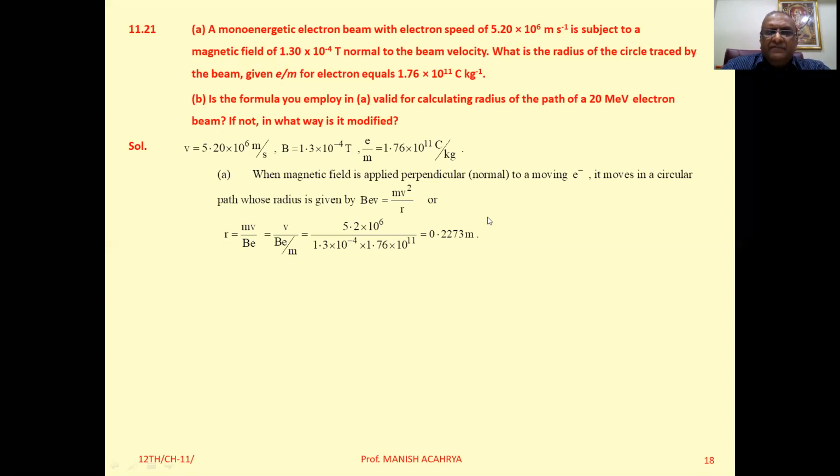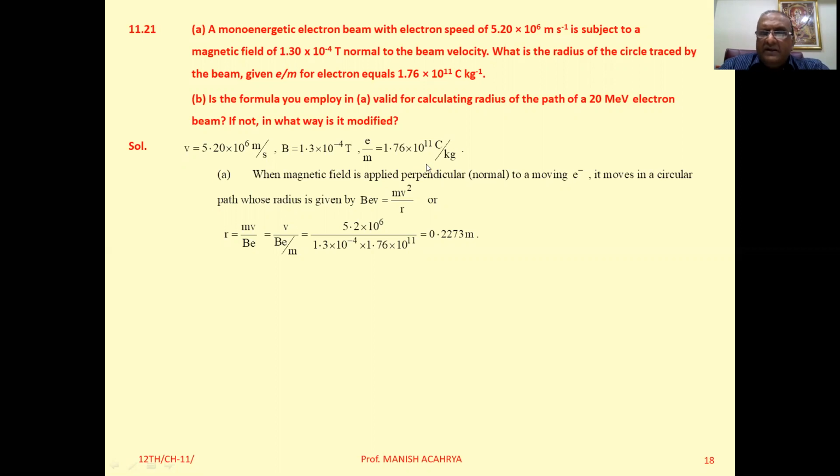So simple thing. See, the speed is given to you, the magnetic field is also given to you, and e by m is given to you. Now we know this thing: when any charged particle is moving in the magnetic field B with velocity v, it will execute circular motion.